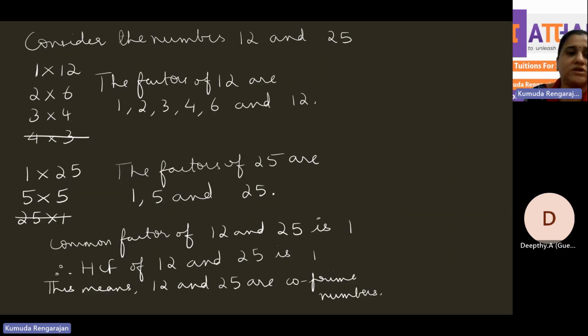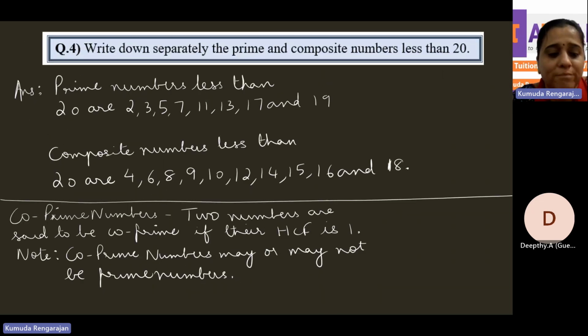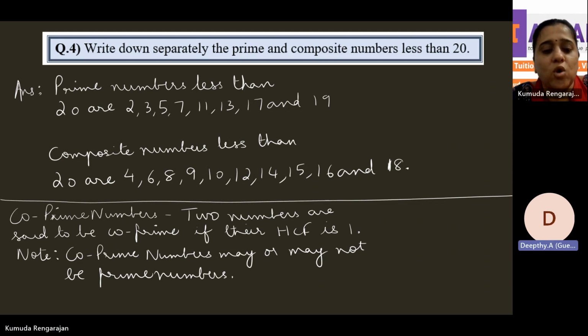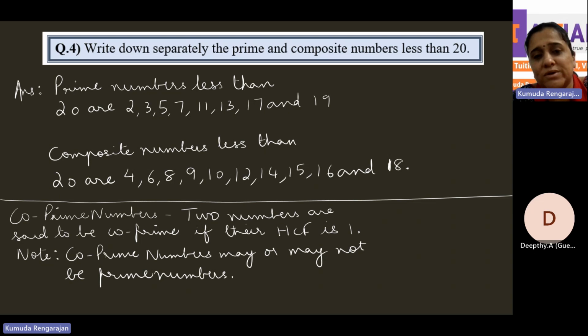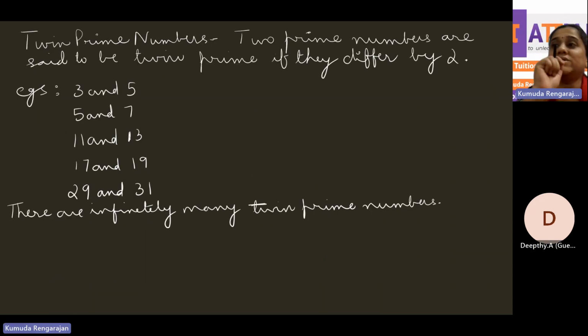That is why the definition of co-prime numbers is two numbers are said to be co-prime if their HCF is 1, not two prime numbers, any two numbers. But twin prime numbers are prime numbers. Two prime numbers are said to be twin prime if they differ by 2.